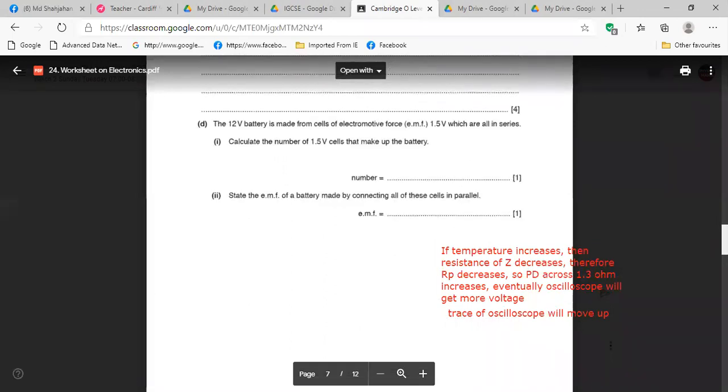Your fear is going, right, Tamjid? Yes, okay, read. The 12V battery is made from cells of electromotive force 1.5 V, which are all in series. Calculate the number of 1.5 V cells that make up the battery. So they are in series, right?